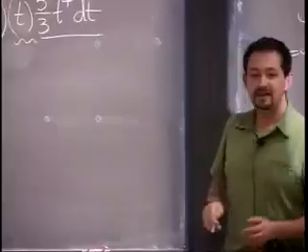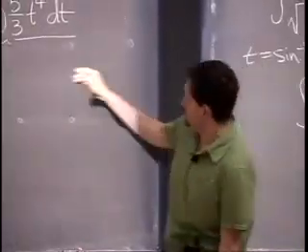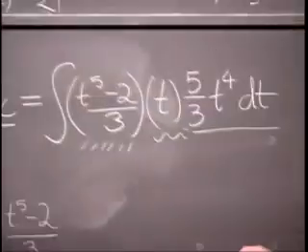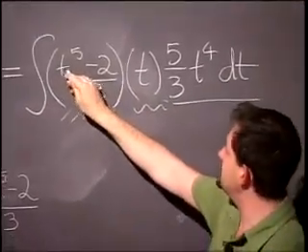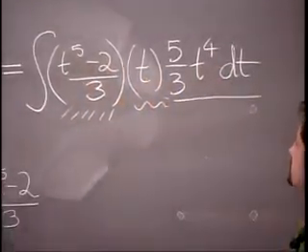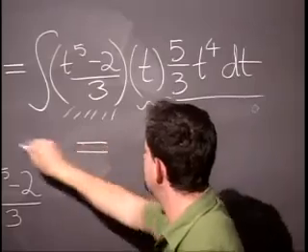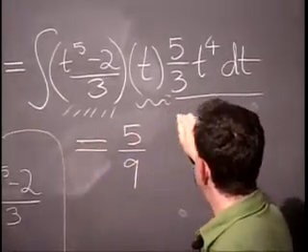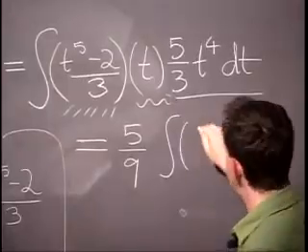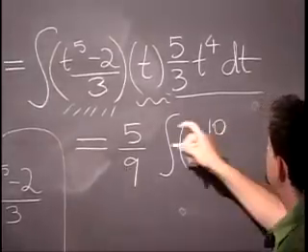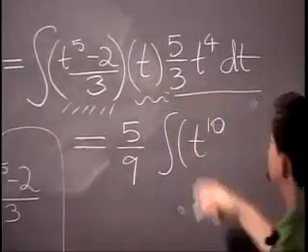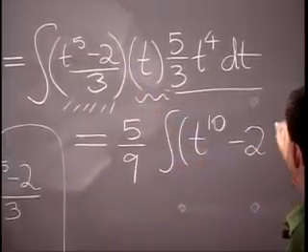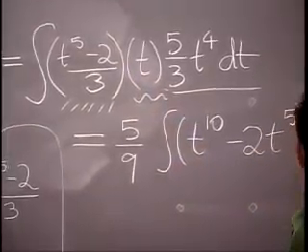Anyway, we've still got to finish this. Don't panic. First of all, we can pull out 5/9, and the rest can be expanded. The first term will be t to the 5th, a t, and a t to the 4th, so you get t to the 10th. So there's a factor of 5/9 that pops out. We'll have a t to the 10th, and the other factor is just t to the 5th, but there's a 2. Just bookkeeping.